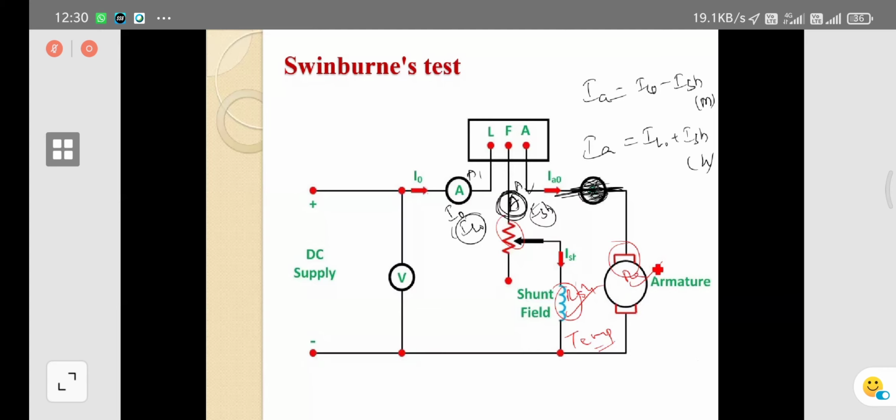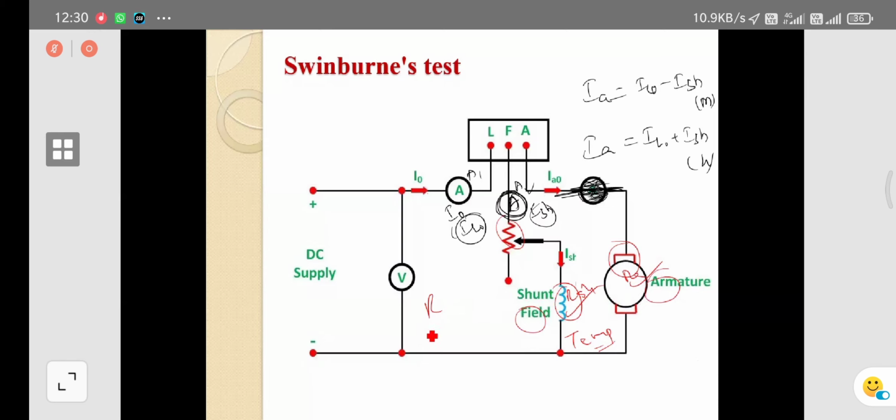So the temperature increase will affect the field and armature resistances. Then there is the new value of field resistance.